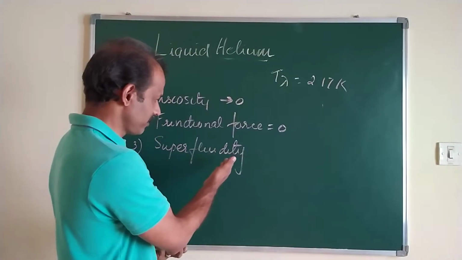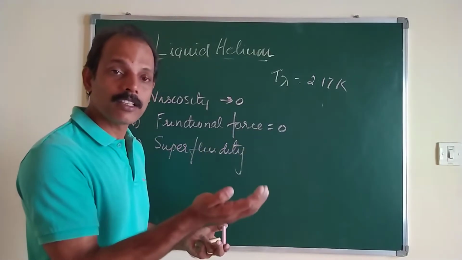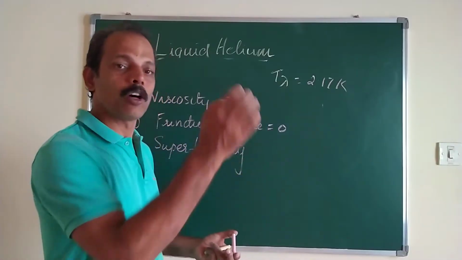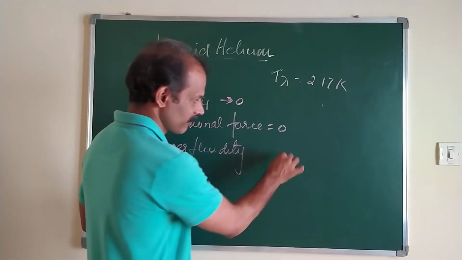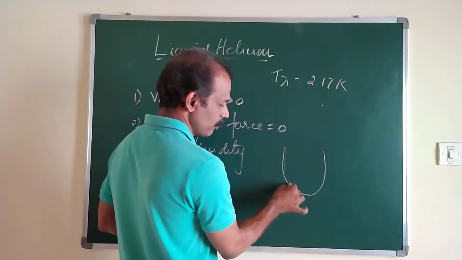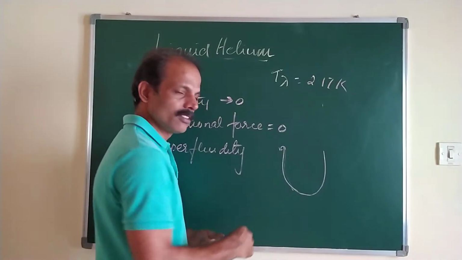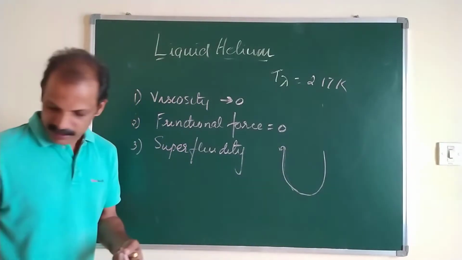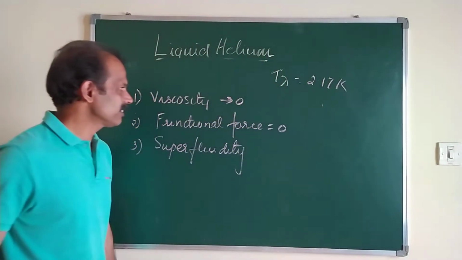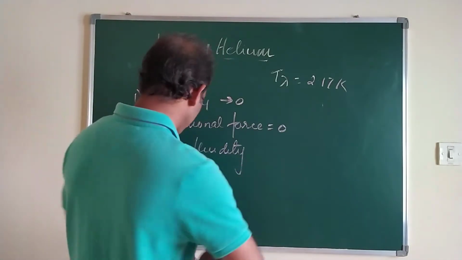That is the superfluid property. That is, liquid helium can flow up along the walls of the container as a thin film and overflow. Suppose we are taking helium in this one, then it can move up like a thin film and overflow. That is superfluidity, the frictionless flow of liquid.